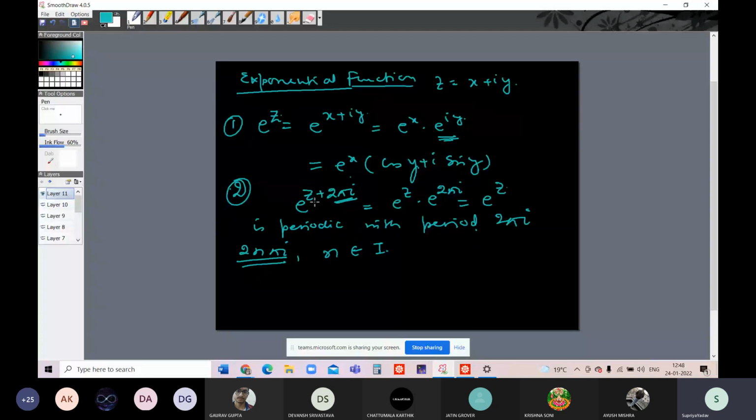Okay. And third, we can say e to power z is never equal to 0 for all z in the finite complex plane. Why?